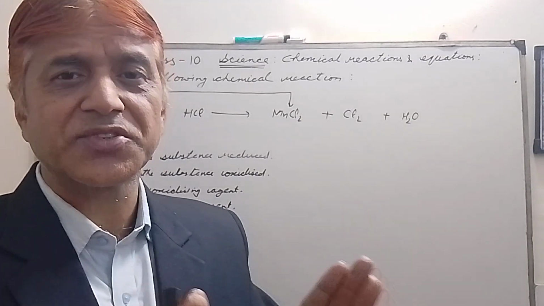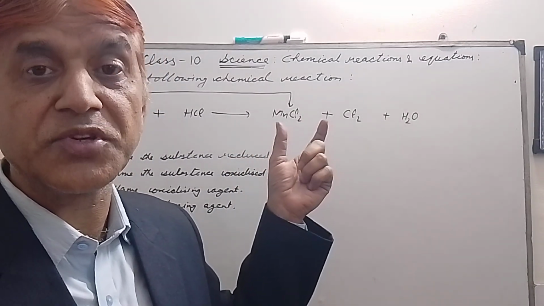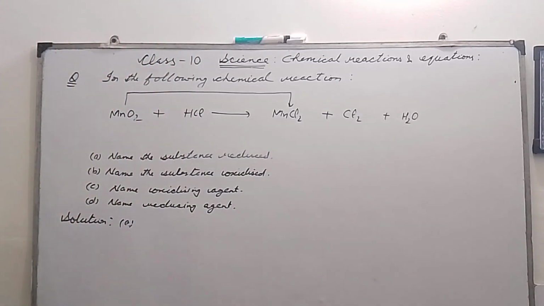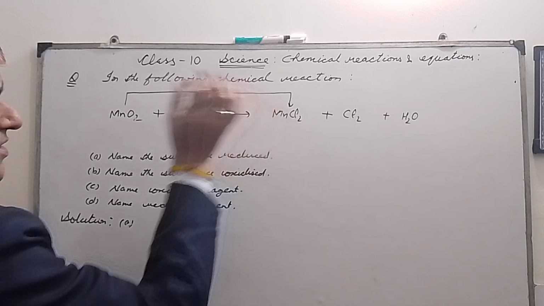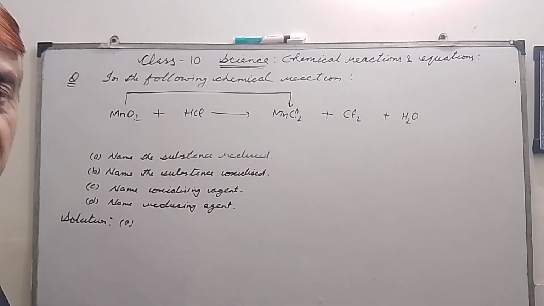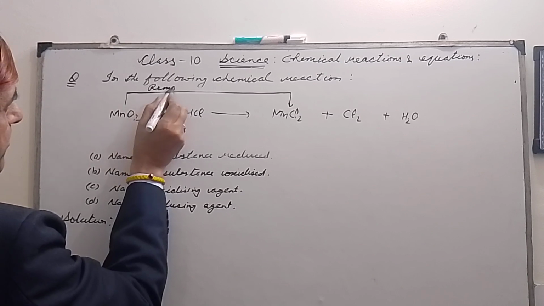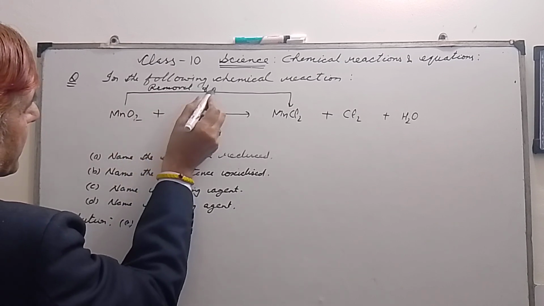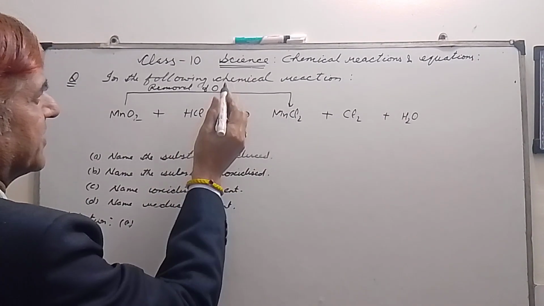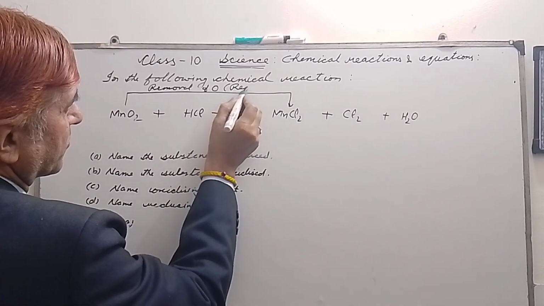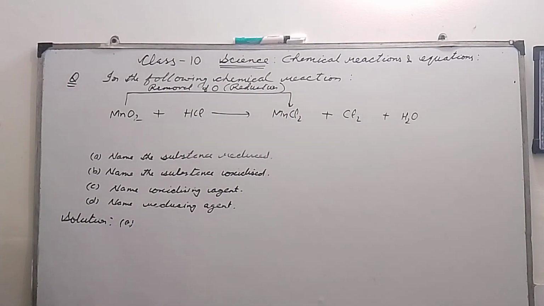So hydrogen and oxygen are very important things to be noted here. See, oxygen is there on this side, but oxygen is not here. So what is happening here? Removal of oxygen. And what is removal of oxygen? Removal of oxygen is reduction. So reduction is happening here.